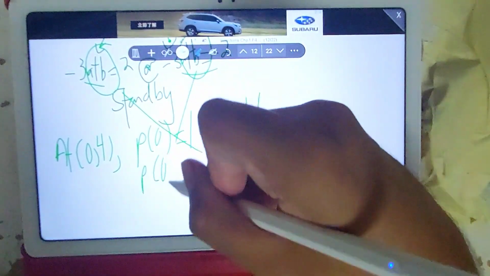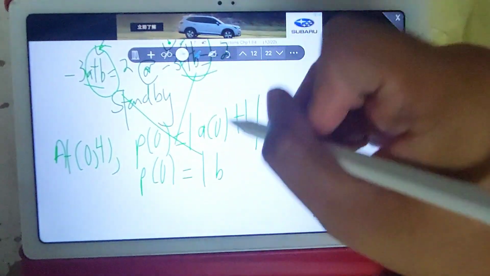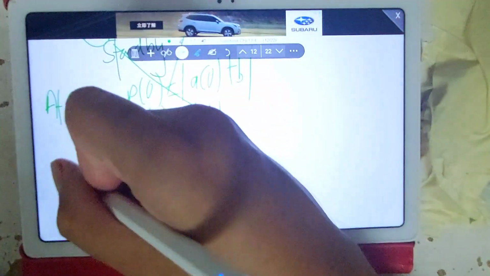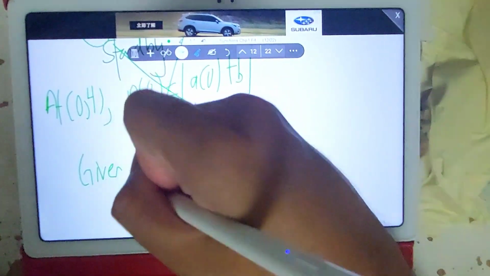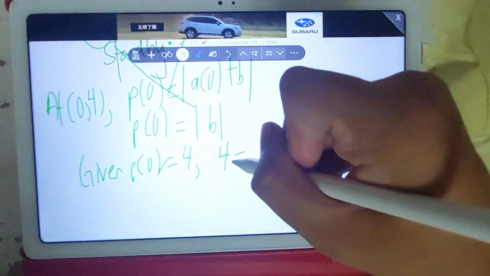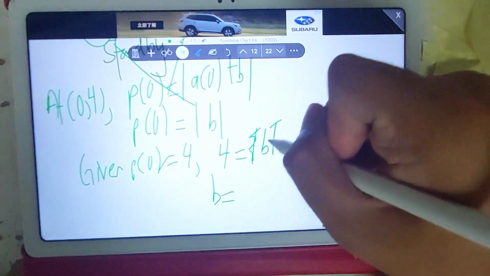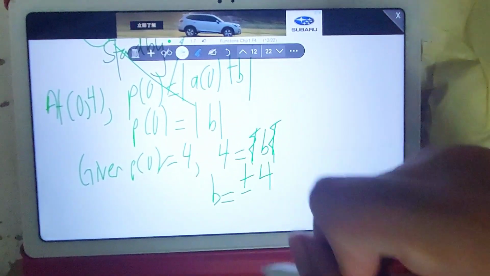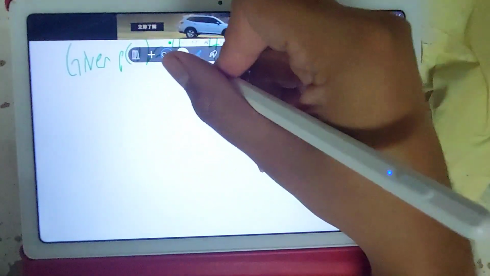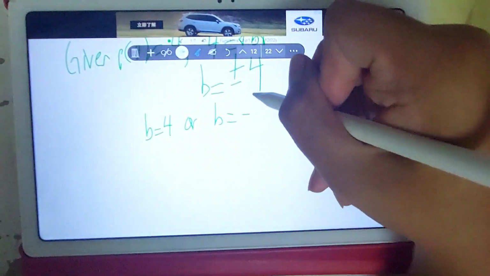So P0 will be B only, modulus B. So from here, you can also write a statement given that P0 is 4 based on the coordinates. So 4 is modulus B. So what is your B value? When you break the modulus, you can expect positive, negative 4. So from here, B can be 4 or B also can be negative 4.